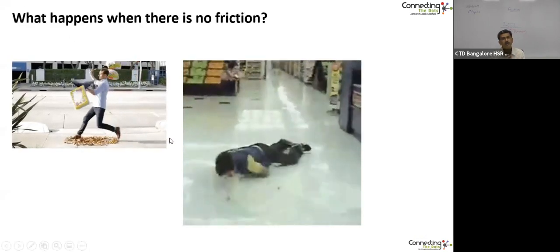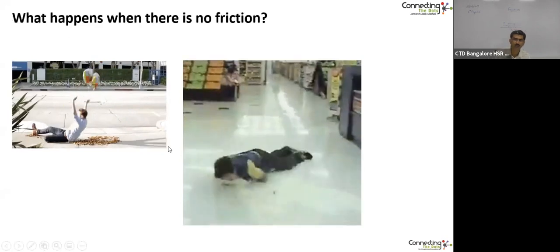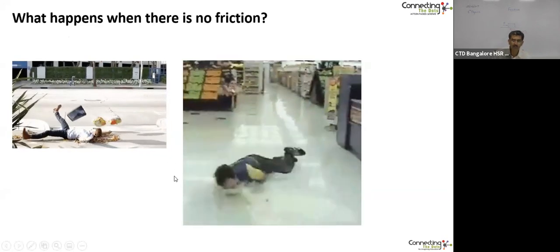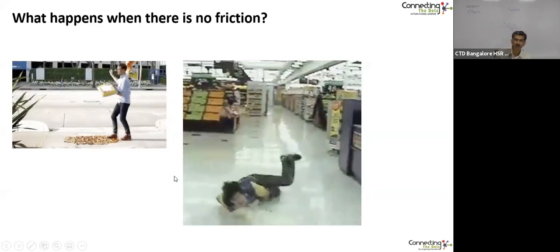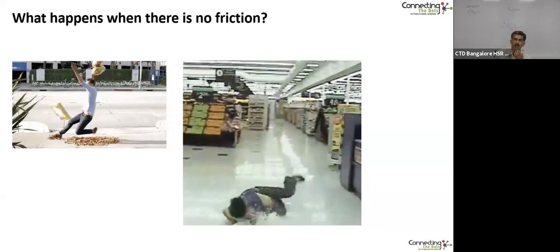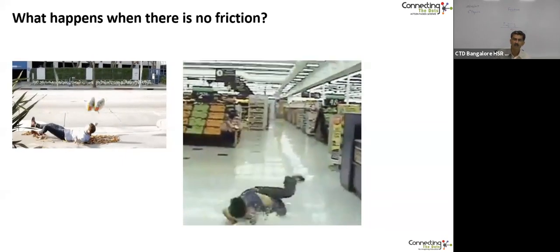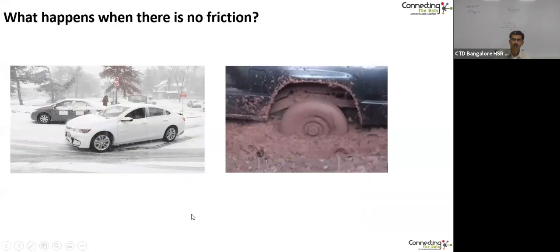What happens when there is no friction? You've seen this. We fall. So friction is necessary. In this example, friction is necessary between our feet and the ground. What about this? These pictures, these examples. Friction is necessary between the wheels and the ground.